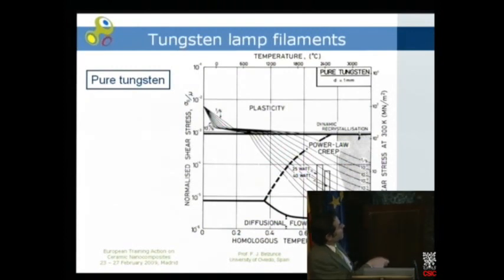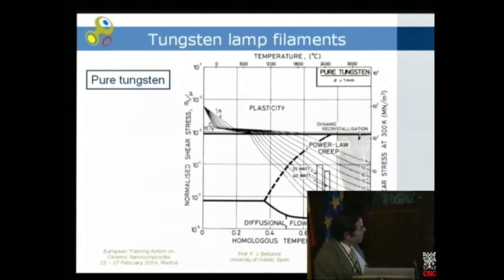So this is the micromechanisms map for tungsten. In this case, these are the conditions of different lamps, one with 25 watts, another with 40 watts. There are quite different stress situations because the geometry of different lamps is different, but that's not important.